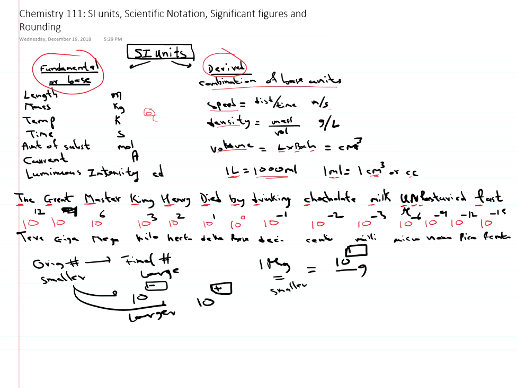Of course, what the power number is, micro is 6. Is it plus 6 or minus 6? Which direction you are going is easy to know. If you're dealing with a smaller number as your original number, then the exponent is going to be minus. So it will be minus 6 in this case.